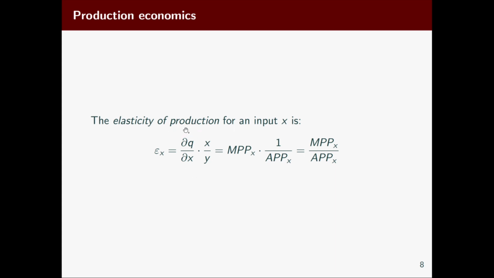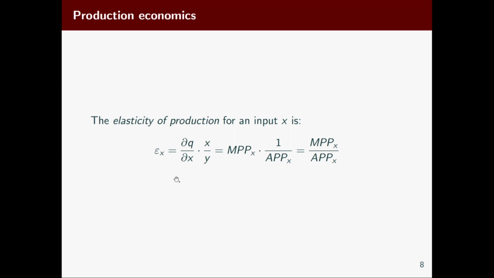This is the partial derivative of our output with respect to our input x multiplied by the input x divided by the, this y should be q, okay, output. So that's the elasticity of production that says for a 1% increase in our input x, by what percent is our production going to change?